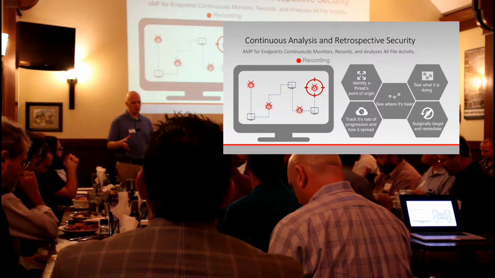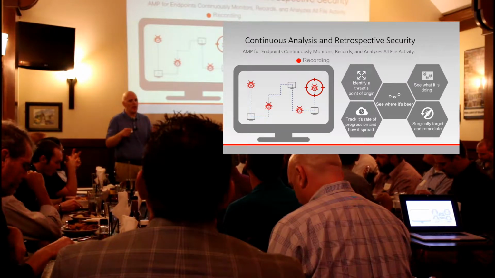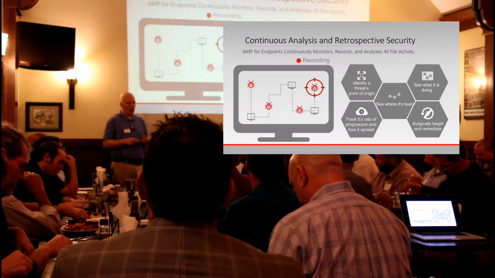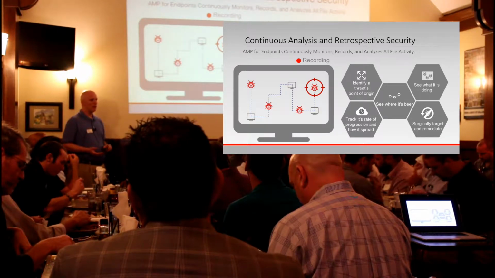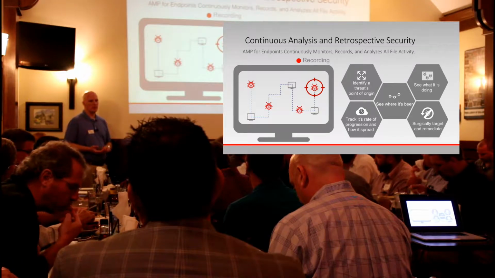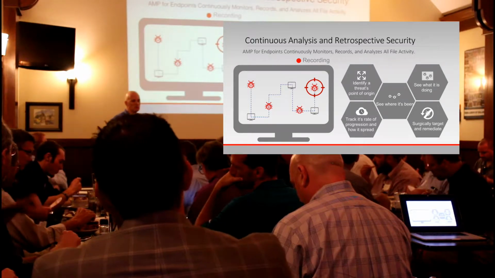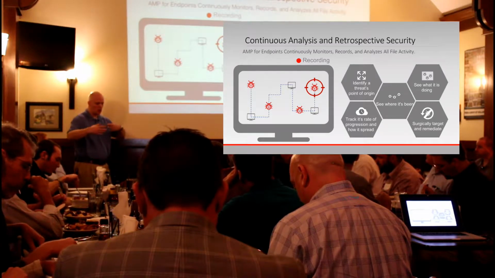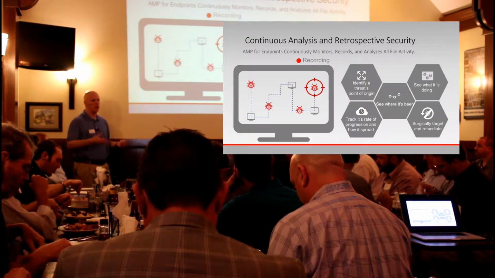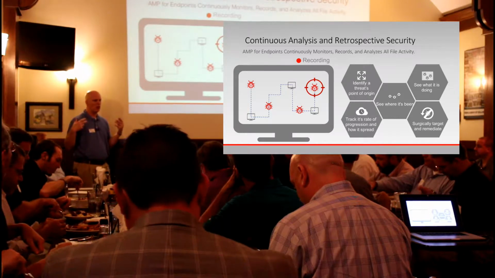So your next generation firewall may not be the best choice if it's an all-in-one box that does firewall, intrusion prevention, malware prevention, URL filtering, and that's it. That's all it does. But it doesn't talk to anything else on your network, so it can't pass any of that information around.